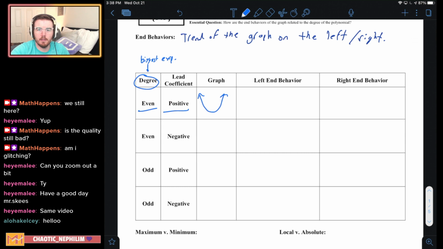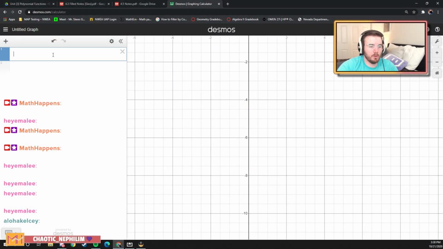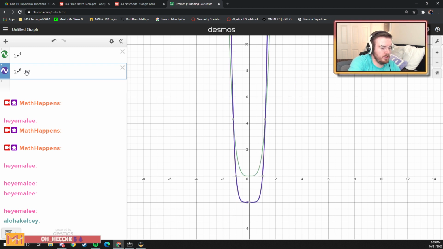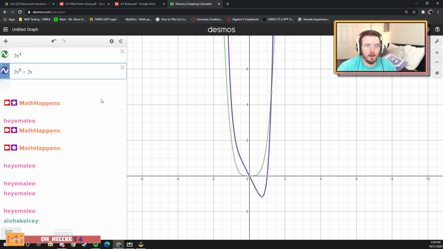I'll just show you a couple. 2x to the fourth goes up, up. 2x to the sixth minus 2x, in the end, is still going up, up. It's an even degree and a positive lead coefficient, because it's going up.